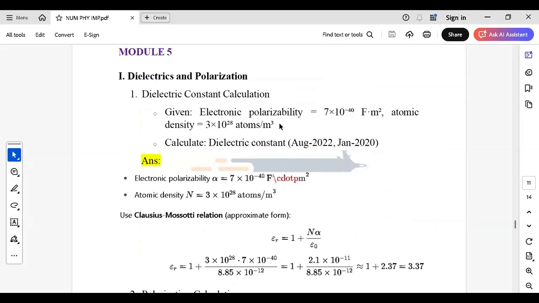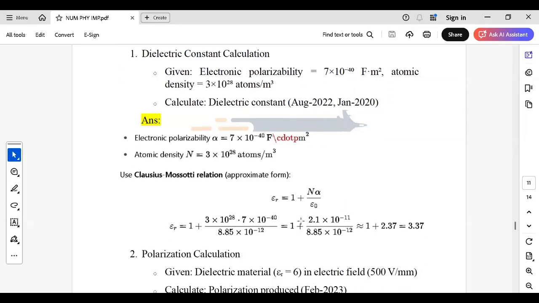So in module 5, what is given? Polarizability is 7 into 10 to the power minus 40 farad meter square, and atomic density is 3 into 10 to the power 28 atoms per meter cube. Calculate the dielectric constant. You know that the dielectric constant epsilon R is equal to 1 plus n alpha by epsilon naught.